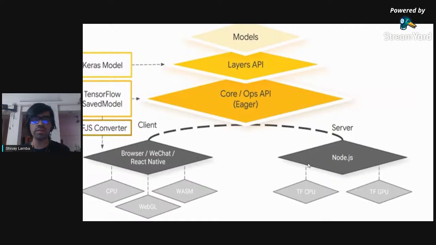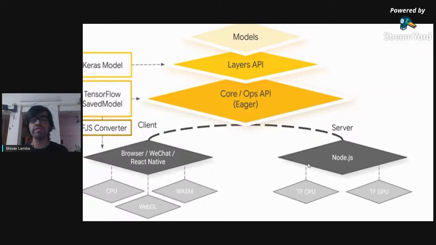And one of the more important concepts that come into the picture is the TensorFlow.js Converter. So basically, this is a C++ library that has been written, and it's again completely open source, that allows you to convert any Python-based model into a JavaScript-based TensorFlow.js model that you can directly use.